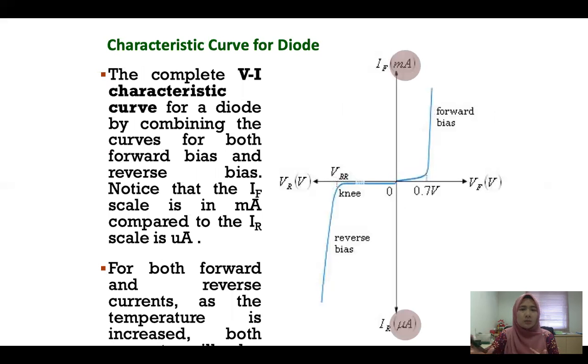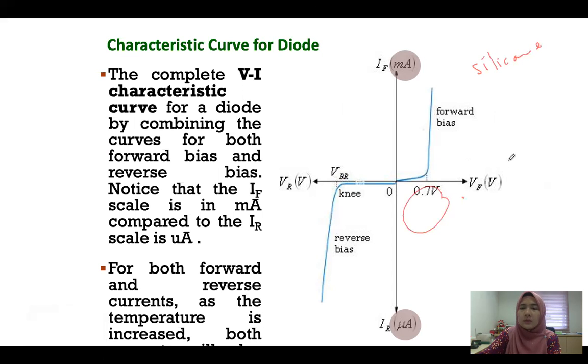So this is the complete VI characteristic curve for a diode. This is the breakdown region. This is the VI characteristic for silicon.